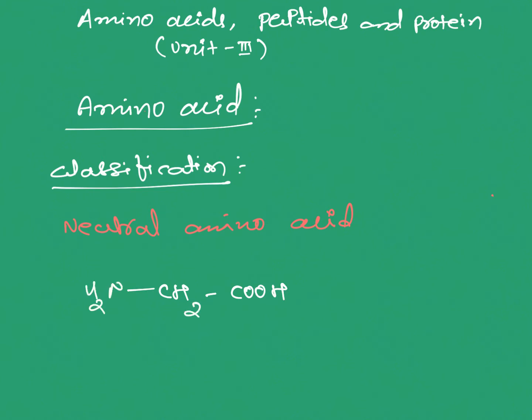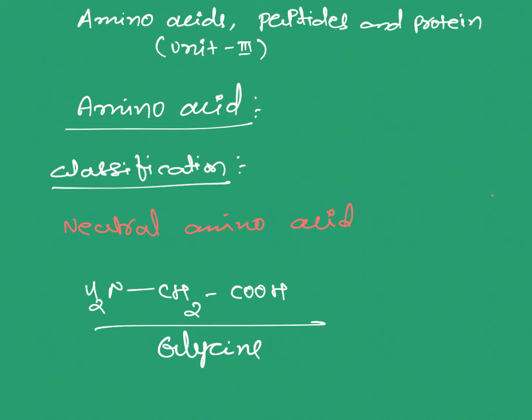As a result, it will show neutral nature, and these are examples of neutral amino acids. Here I am writing glycine. Glycine is an example of a neutral amino acid. Glycine, alanine, valine, these all come under neutral amino acids. So this is the classification based on the nature of amino acids.